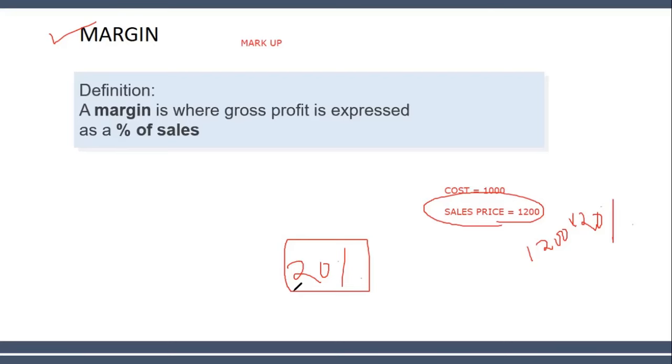Either they speak like this or they say 20% on sales price or 20% on cost. If they say 20% on cost, we are talking about markup. If they say 20% on sales price, we are talking about margin.